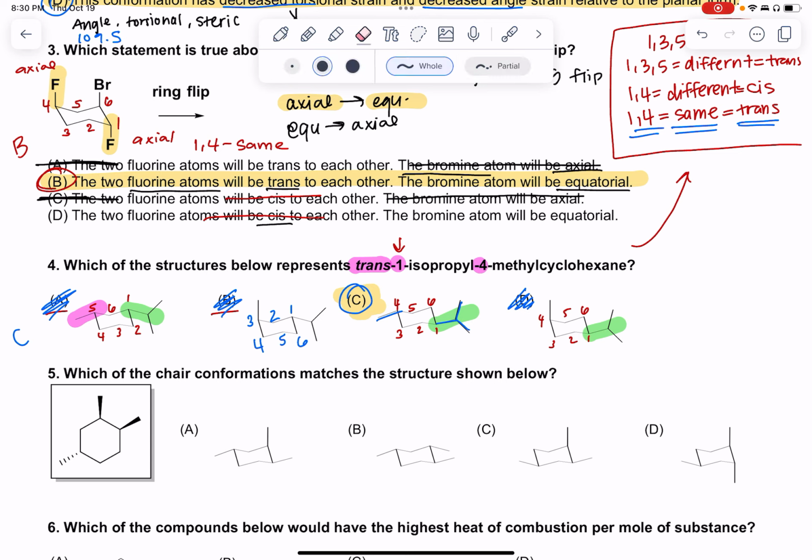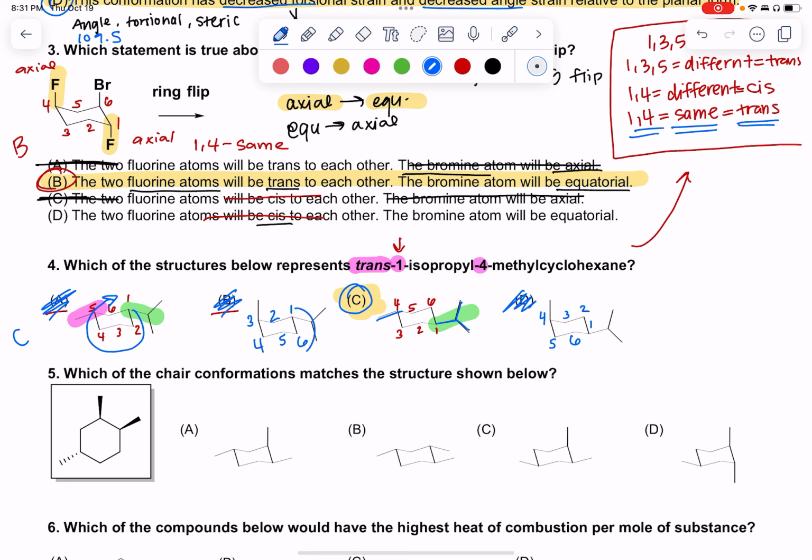Because I could do the same thing over here just for the point. I could say 1, 2, 3, 4, 5, 6. I still have a 1-4 relationship. I would number them all the same. I would start from the isopropyl and go around one way or the other. Go around this way on all of them.